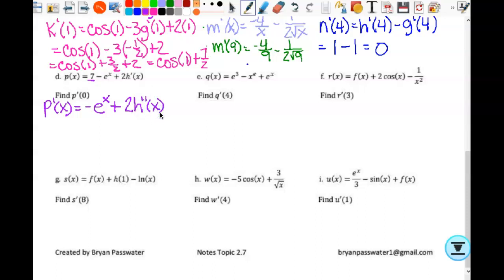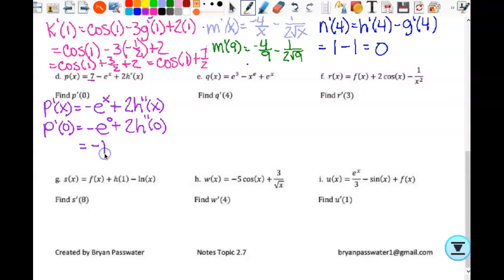Okay. Now that we have all of that, we want to find p prime of 0. So p prime of 0 equals negative e to the 0 plus 2 times h double prime of 0. So now what is negative e to the 0 power?